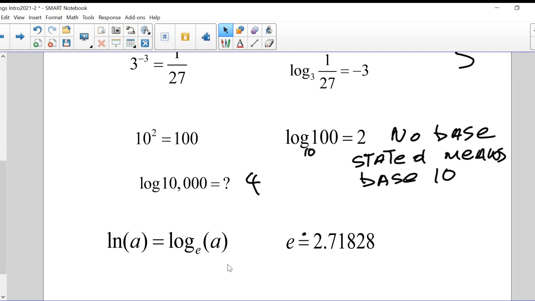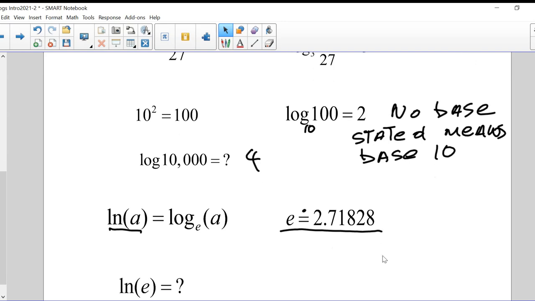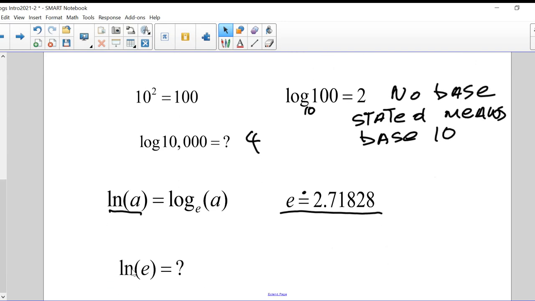So the ln of A means the base E log of A, where E is this particular constant. So what do you think the ln of E itself is then? Can anybody tell me what that is? If I took the ln, which is the base E log of E, what would you think would be the response to that?